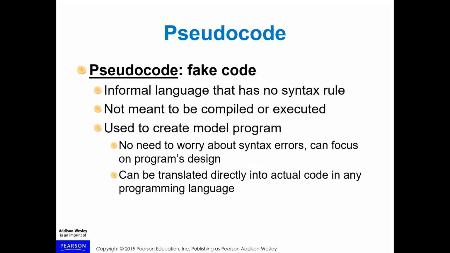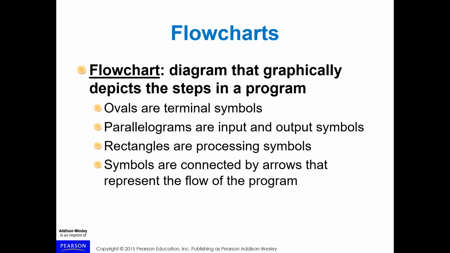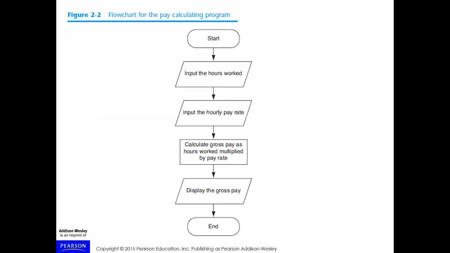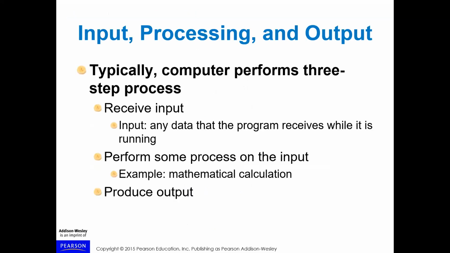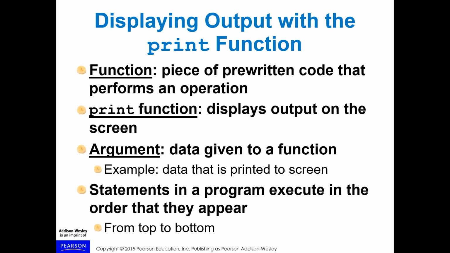Pseudocode, we talked about that, so I'm not going to repeat it. Flowcharts, I've talked about that. You can see the same flowchart as before. We talked about inputs, calculations, and outputs. And now, as you can see, displaying output with the print function in Python.